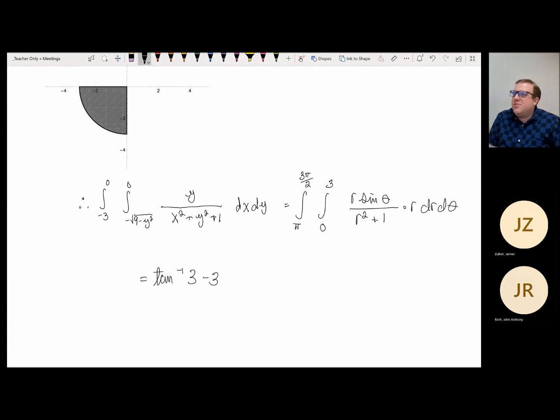It's actually not too difficult to do. Just have to do method of partial fractions, and then actually you don't even need to do partial fractions, just do polynomial long division to rewrite r squared over r squared plus 1 as I think it's 1 minus 1 over r squared plus 1. Questions on polar coordinates?